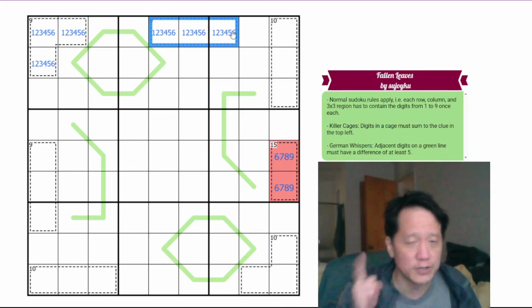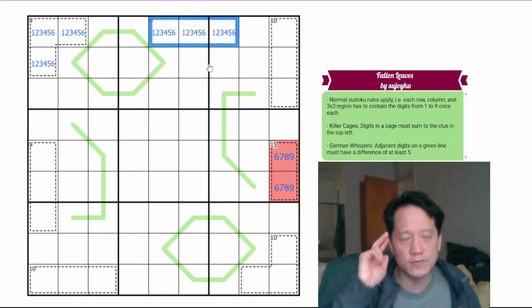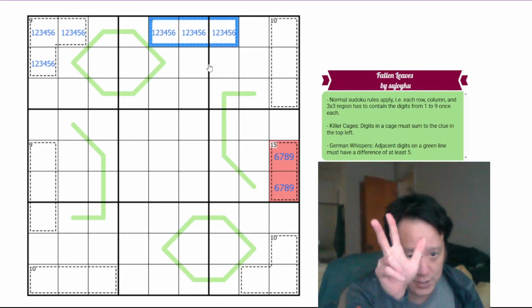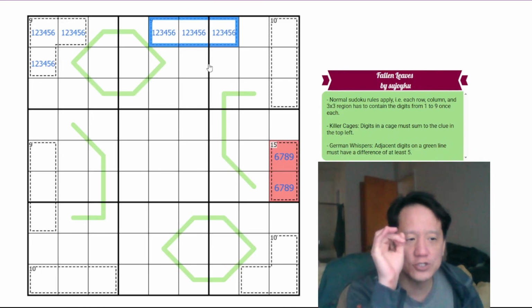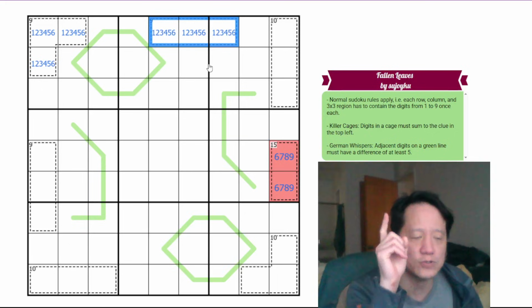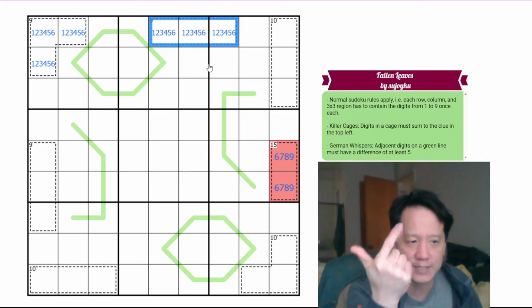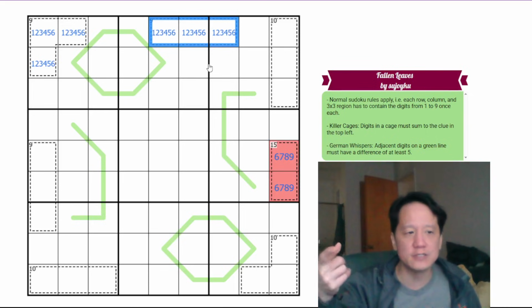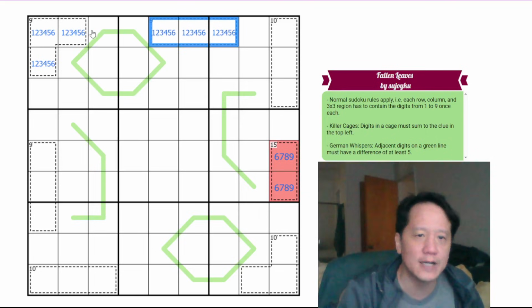The reason you know that is because for 3 unique digits, the highest digit you can have adding up to 9 would be 6. That's 1, 2, which are the smallest digits, and 6. That adds up to 9. If you have a higher digit, 7, 1, and 2 adds up to 10, so that's not possible. So these are guaranteed to be 1 through 6.